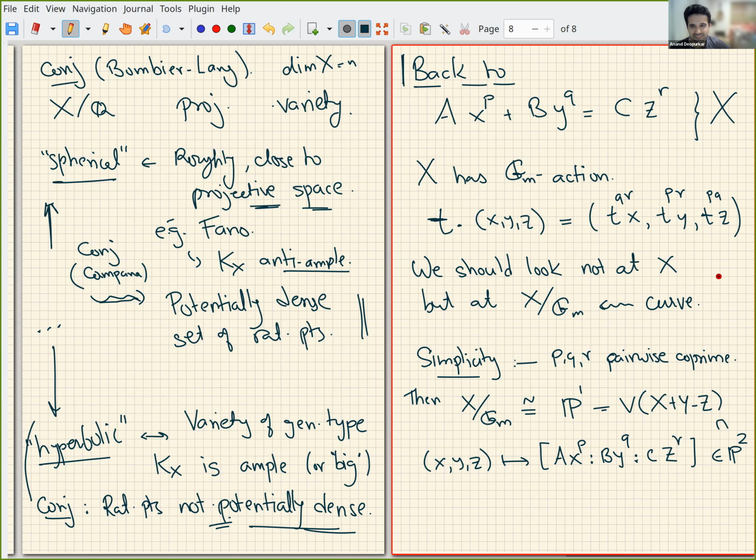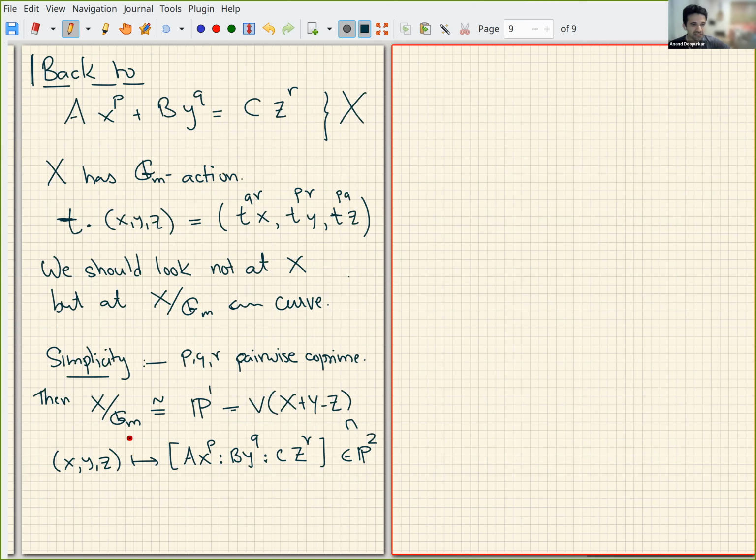That's not good. Why is that not good? Because I asserted that this X is supposed to have very few rational points modulo this group action. But if modulo this group action the variety I'm getting is P1, then P1 has infinitely many rational points.